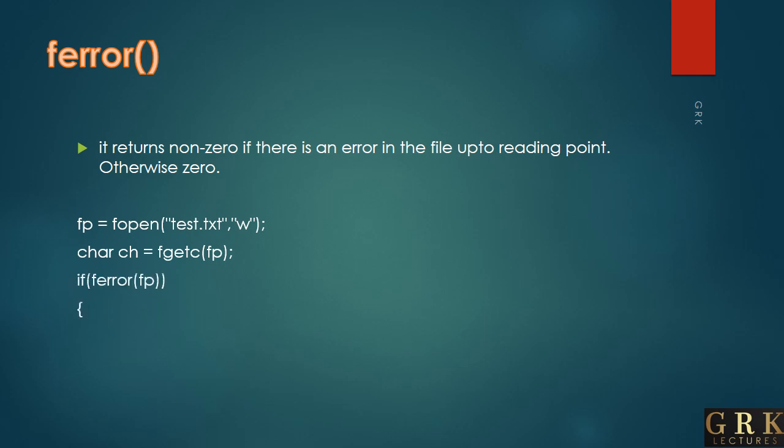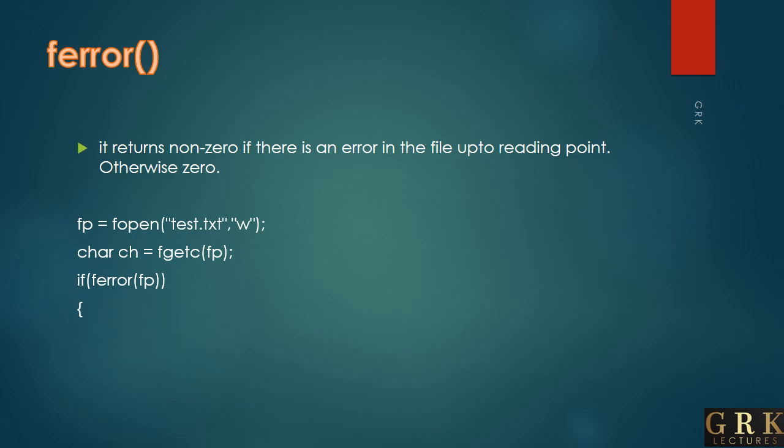So here I am checking by using the ferror function. ferror(fp), that means by default here I am treating that as true. True means non-zero. So it is returning non-zero, which means definitely there is an error. If it is false, there is no error, so the true block whatever we write in the if statement won't be executed.